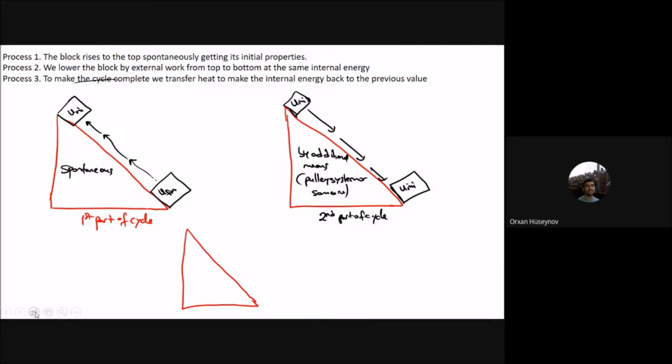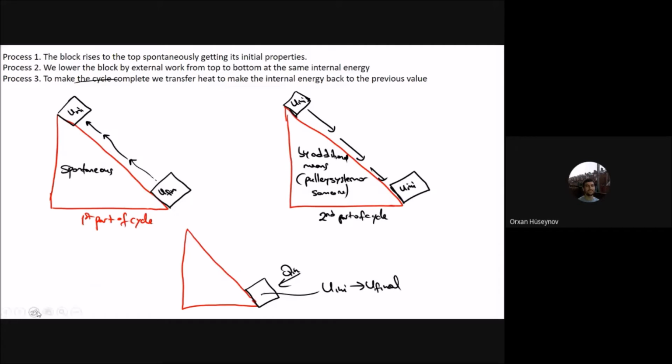In that last part of the cycle, we should get the cycle back. You can see that the first part of the cycle is U final, but now it is U initial. So I take U initial and give some heat, Q in. This Q in will change U initial. Let me write it out of the block here, so you can see what happens. As a transfer of heat, U initial rises to U final.